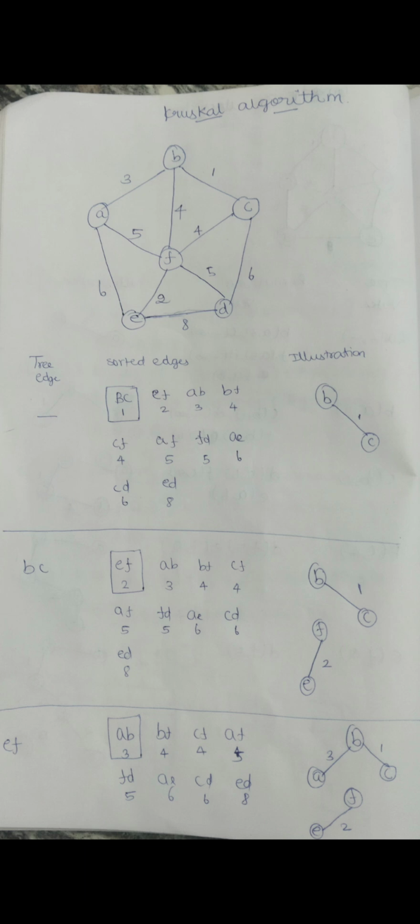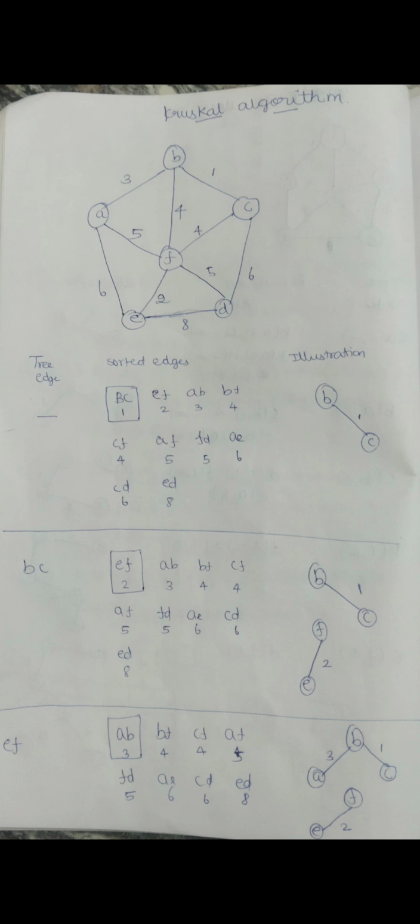So BC is the tree edge, and then EF. EF has weight 2. So we draw E and F in the tree. E and F have weight 2, and then EF is a visited node. Then we go to the tree edge.